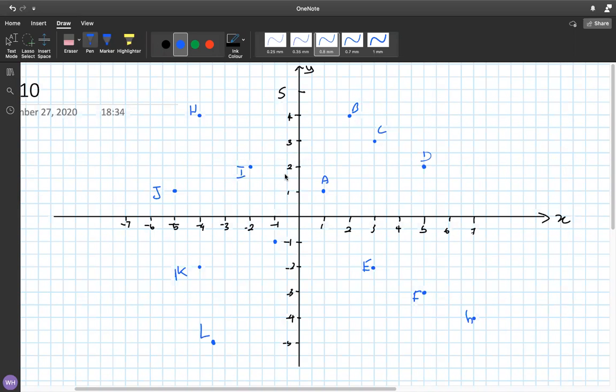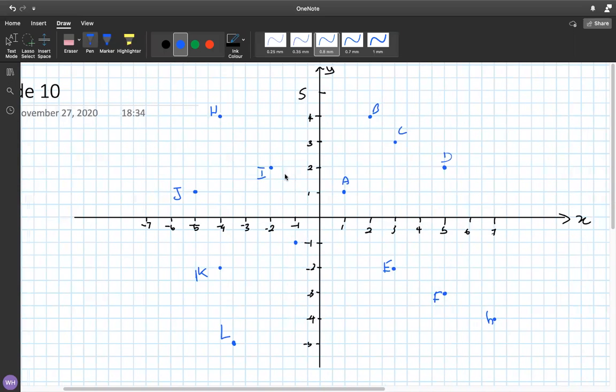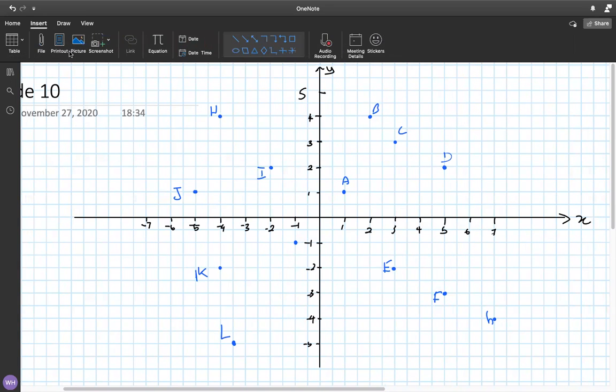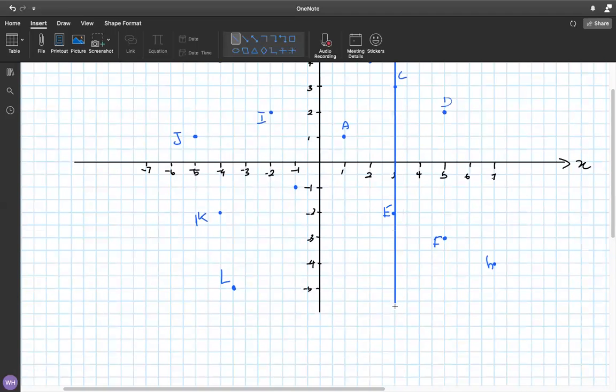Okay, now if you consider this Cartesian plane, and if you draw a dotted line through this point, we'll consider from here onwards up to here.